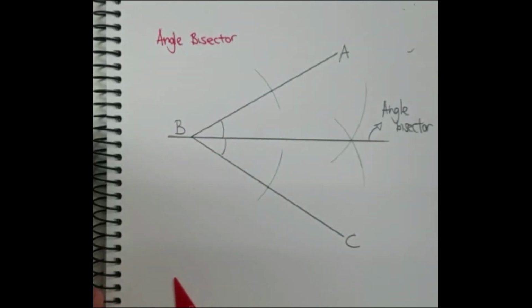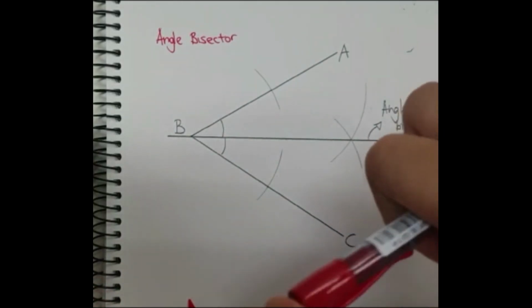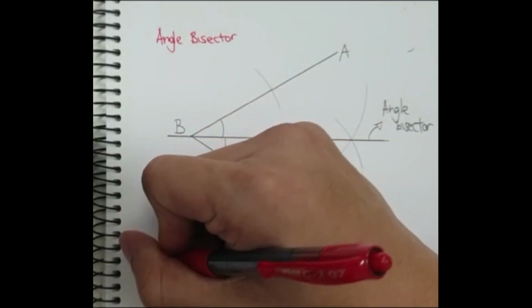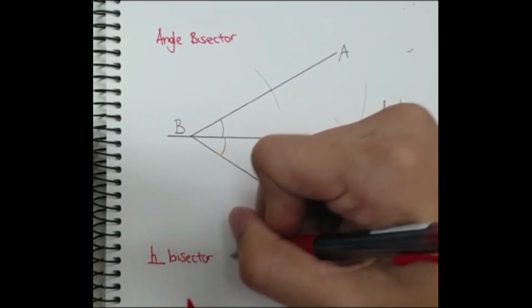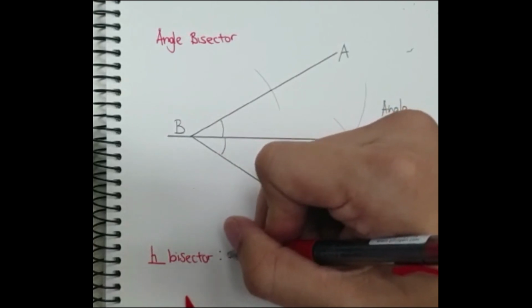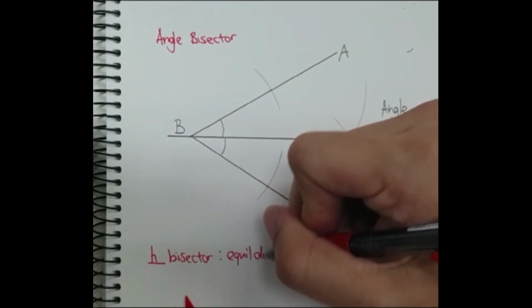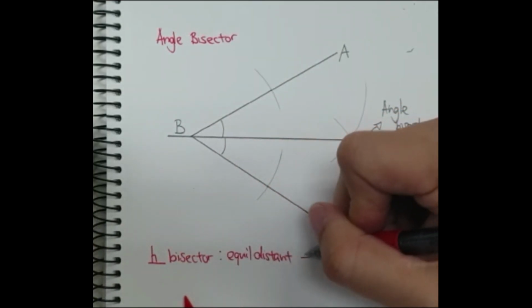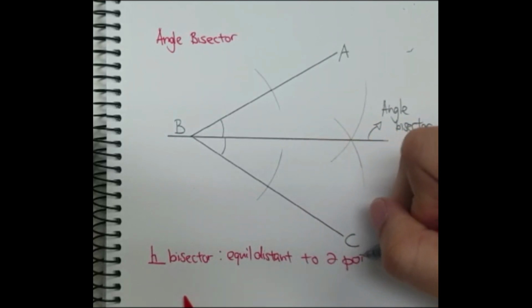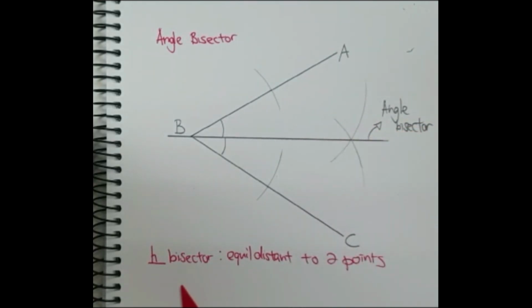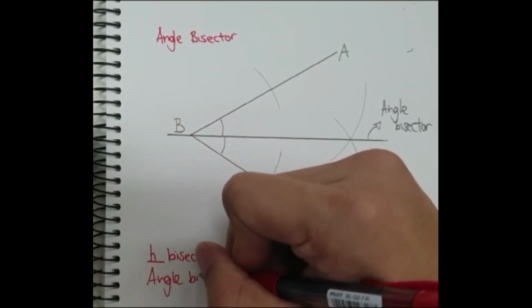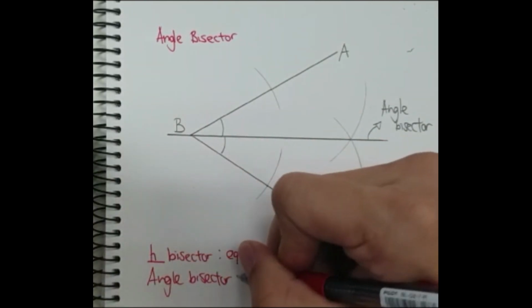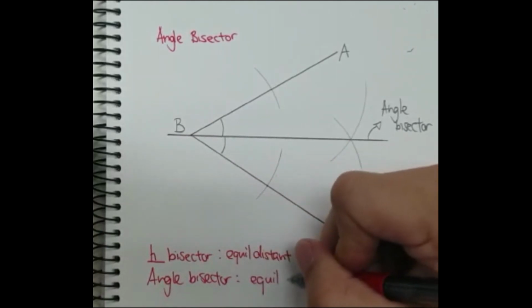Now remember just now in your perpendicular bisector, it means that you are equidistant to 2 points. For an angle bisector, you are equidistant.